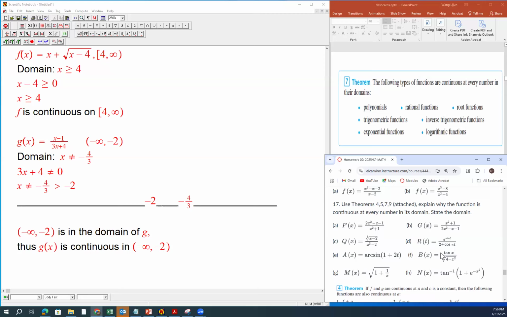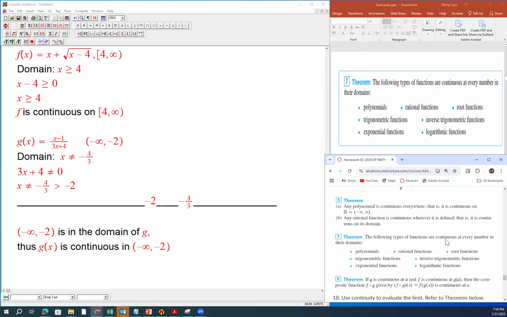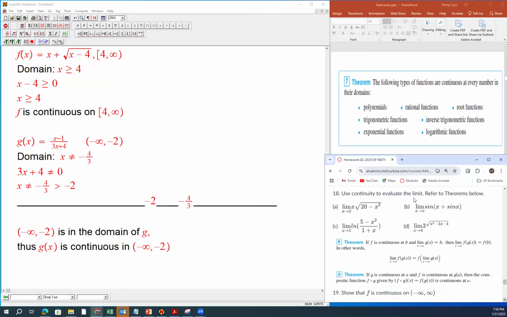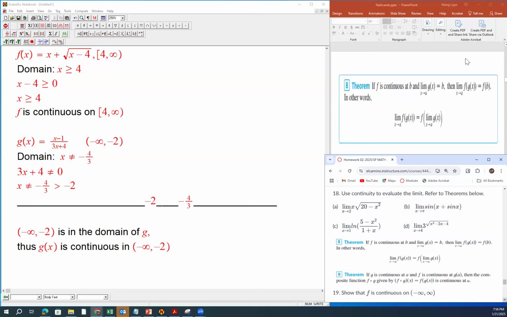And of course, that requires you to know the domain of all these different functions. Let's see. Use continuity to evaluate the limit. This is when this theorem is used a lot.